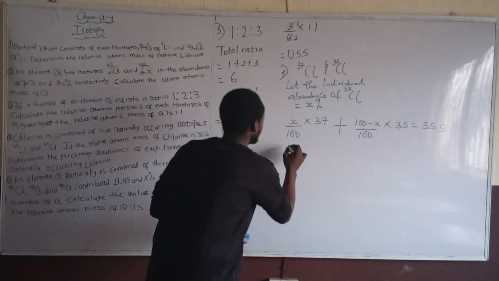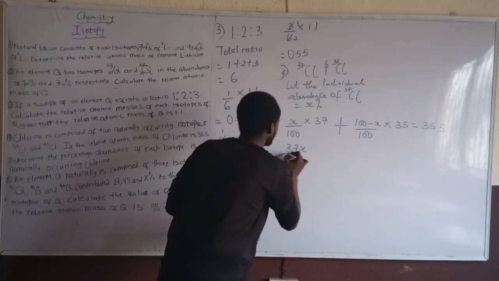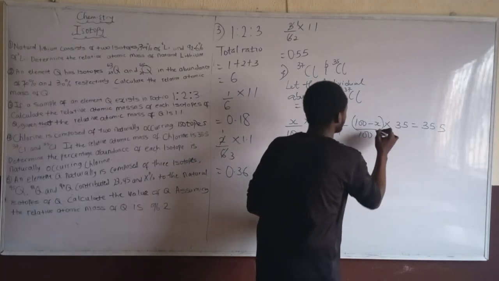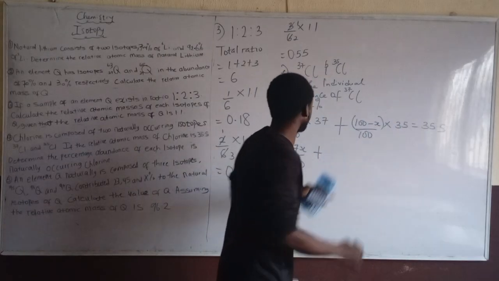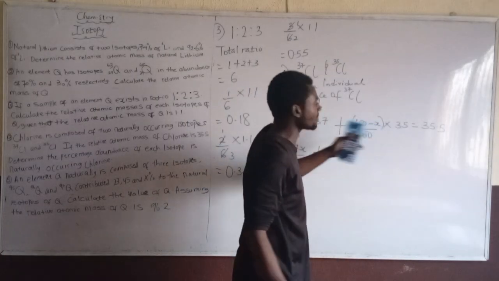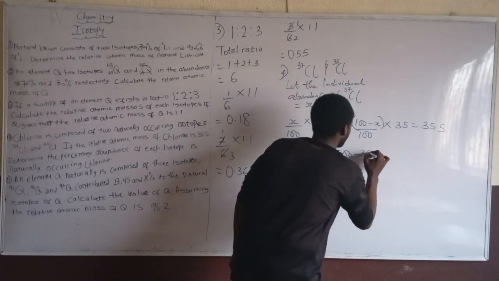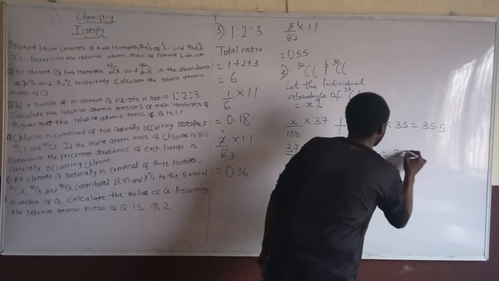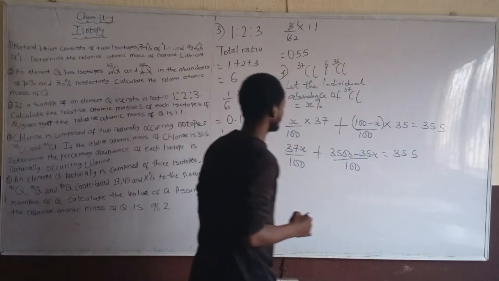So here becomes 37x divided by 100 plus, let me have this in brackets, 35 times (100 minus x), divided by 100, that is 35 times 100 minus 35x divided by 100 equals 35.5.